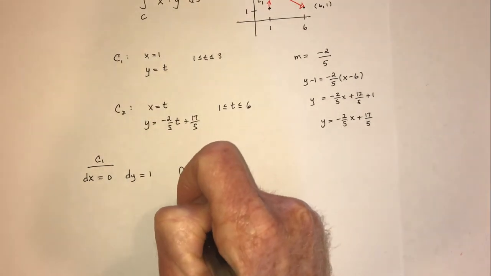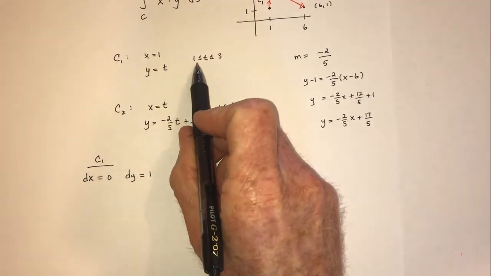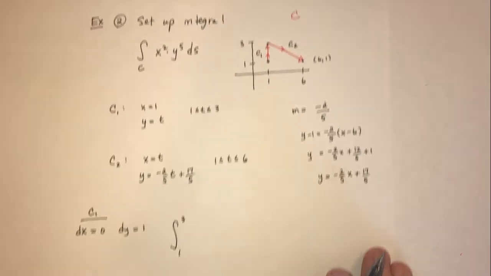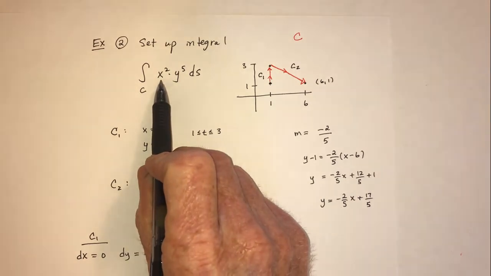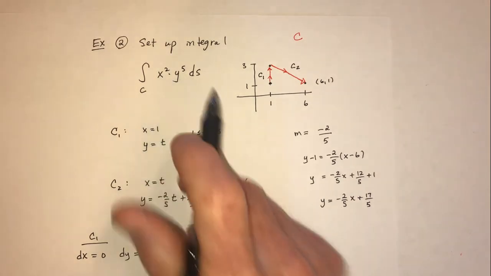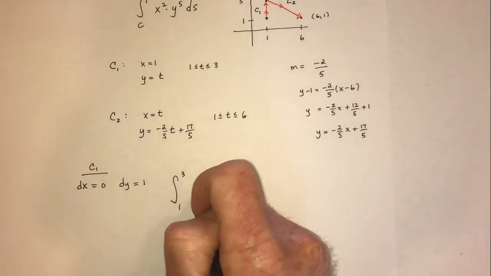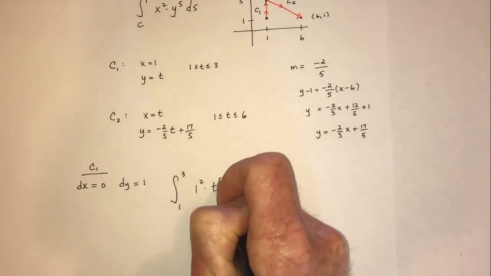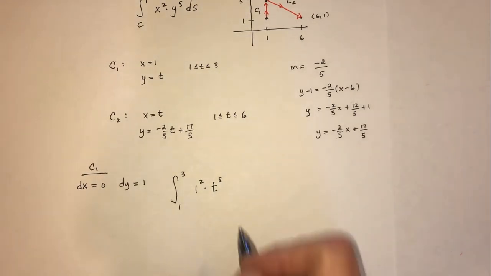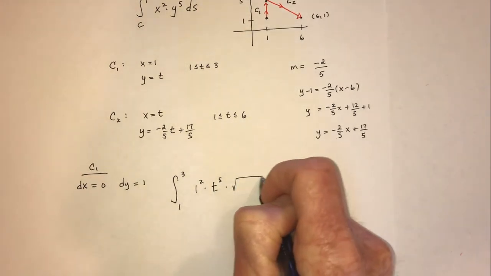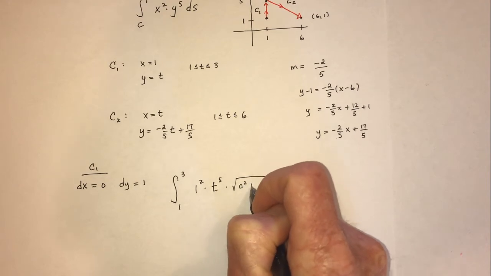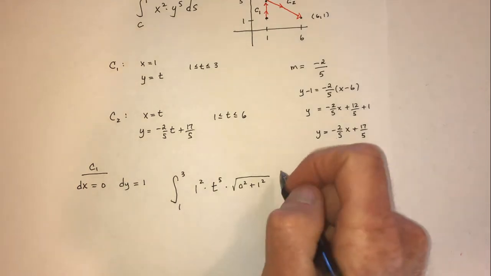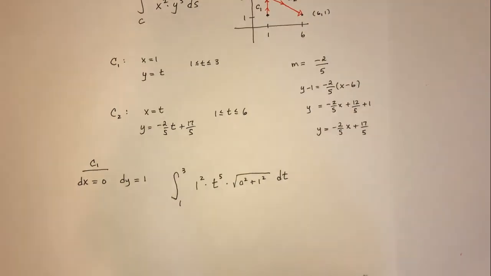So now it's going to be integrate, and the limits for curve 1 are from 1 to 3. And then we need to use this part. So the x is going to get squared, and the y is to the 5th. And then multiply that by the square root of 0 squared plus 1 squared from dx and dy, and then this is going to be dt.